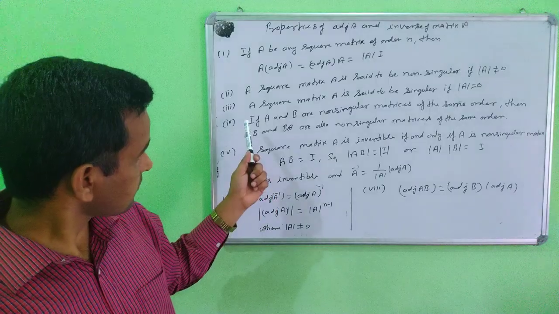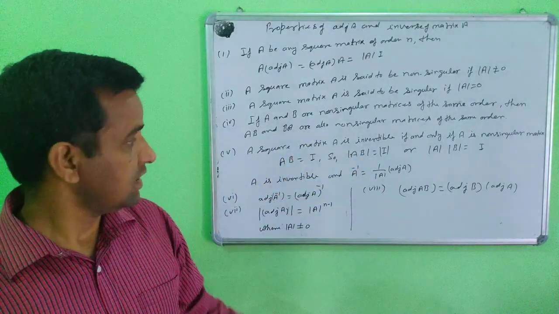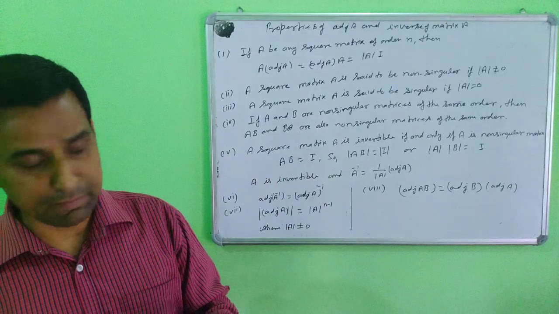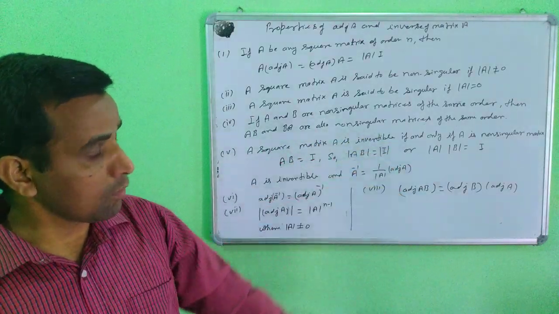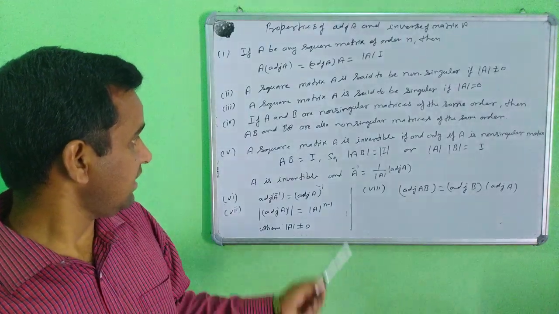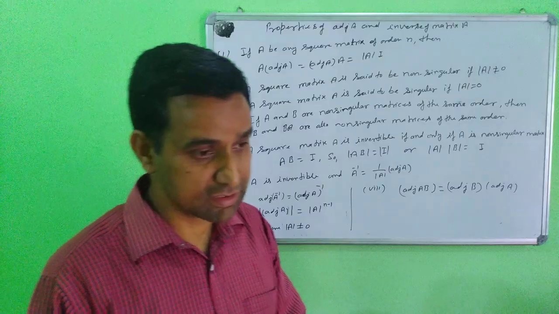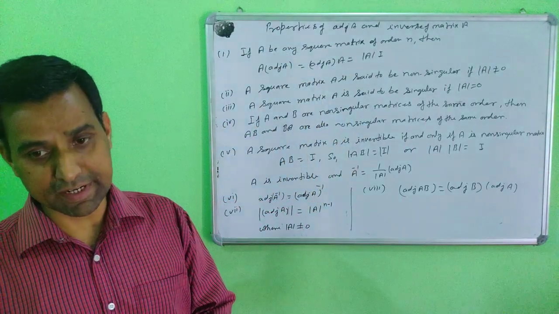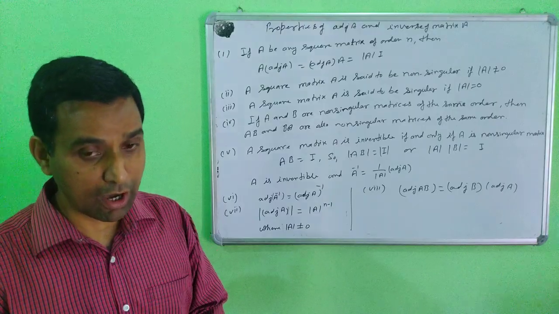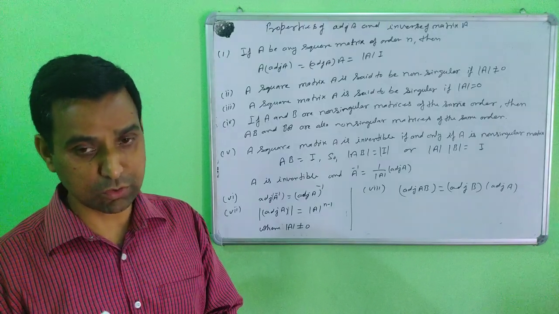Third, if A and B are non-singular matrices of the same order, then AB and BA are also non-singular matrices.